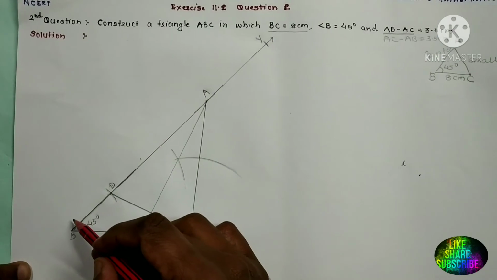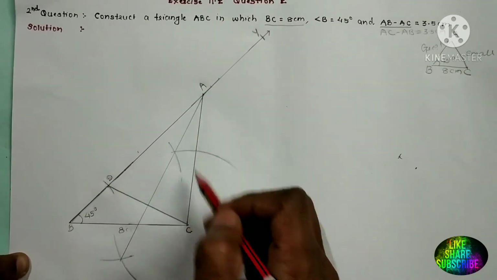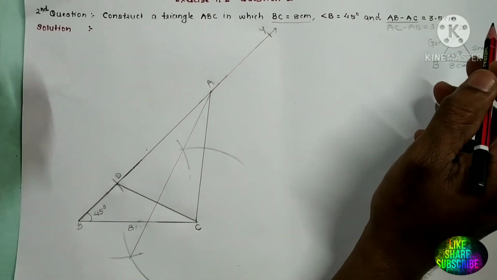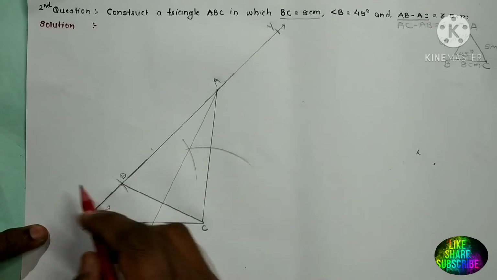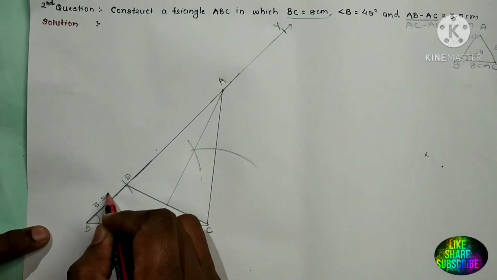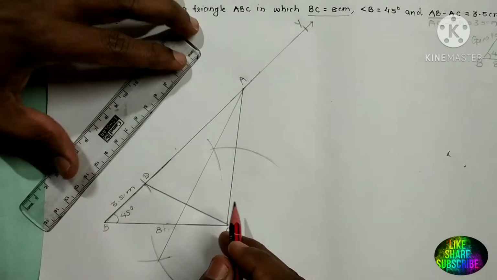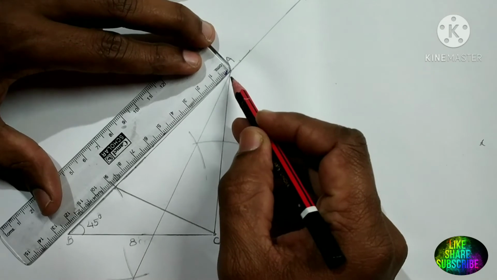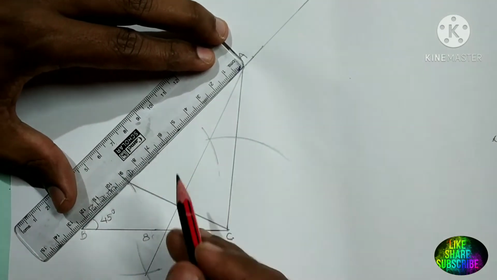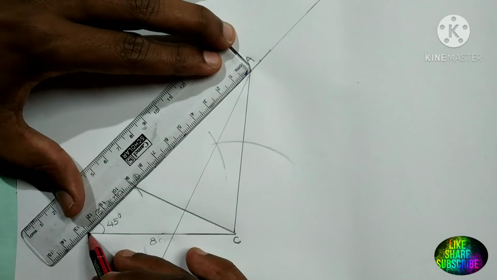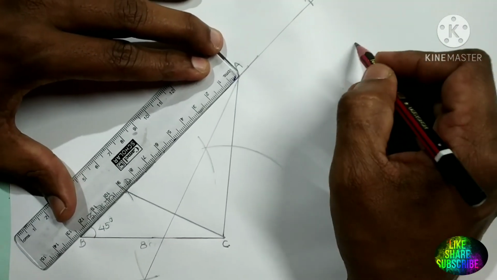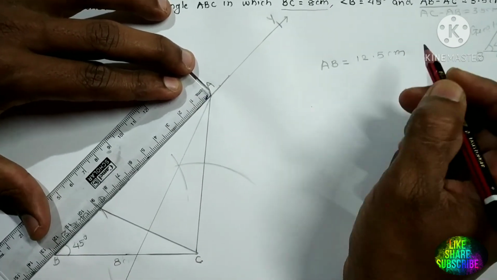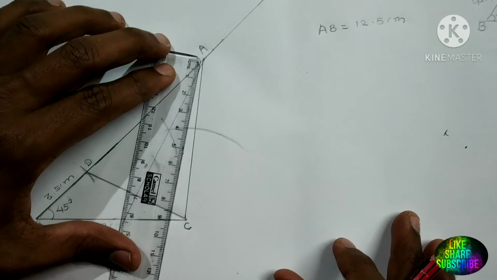So let us verify this distance AB and AC, whether we are getting AB minus AC equal to 3.5 centimeter. So this distance BD is 3.5 centimeter you have taken, and this distance you have to measure AB. So this is 0 and this is 12.5 we are getting. So AB is equal to 12.5 centimeter. Now let us verify this distance AC.